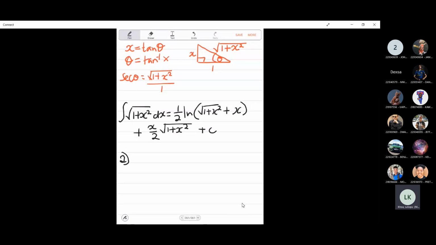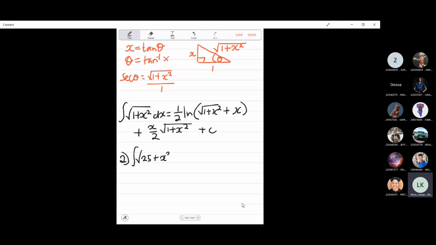Number 2, we have the integral of the square root of 25 plus x squared. So here our a is 5. So here we can let x equal to 5 tan of theta. This means that dx is 5 sec squared theta d theta.